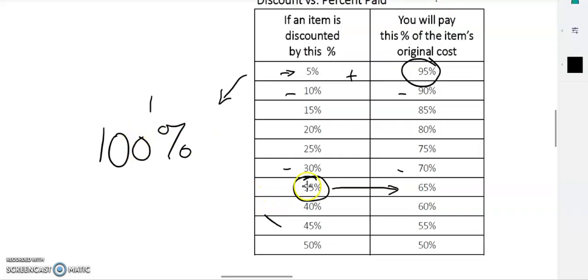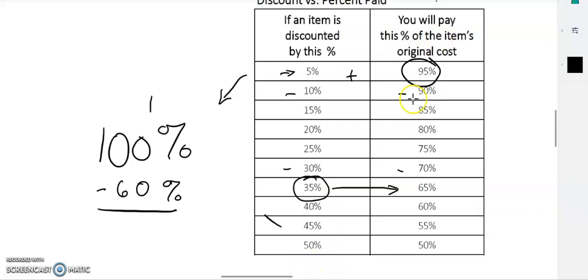If 100 minus 35 is 65, and 100 minus 10 is 90, well, 100 minus 60%, right, is what? If you need a calculator, go for it. But you can probably do 100 minus 60 in your head.